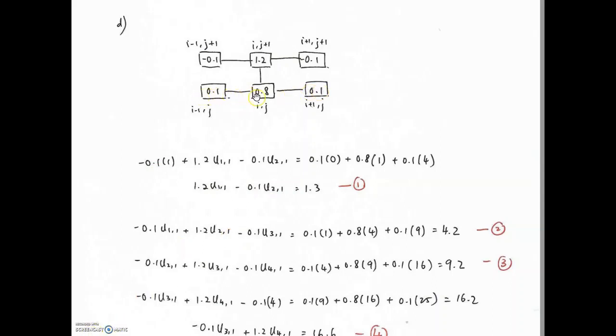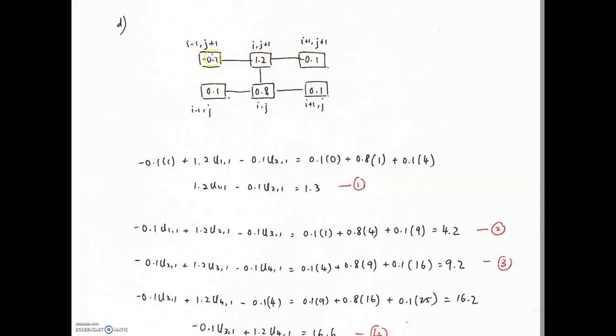Based on the boundary just now, we are able to find the equation with u11 and u21 as two unknowns, and then we have the right hand side value 1 over 1.3, and these coefficients come from the simplification of the equation. Then for the second equation, we can obtain it based on this diagram as well.